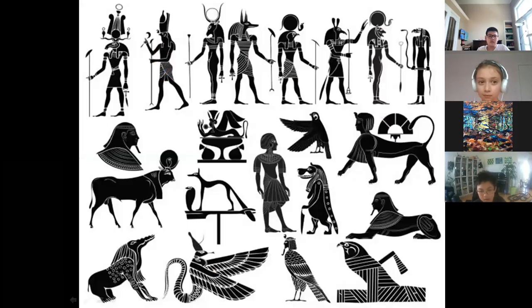And those are the characters that we see a lot in ancient Egyptian paintings. So when we see those characters, we can tell immediately this is ancient Egyptian painting. And those characters, they are quite unique.